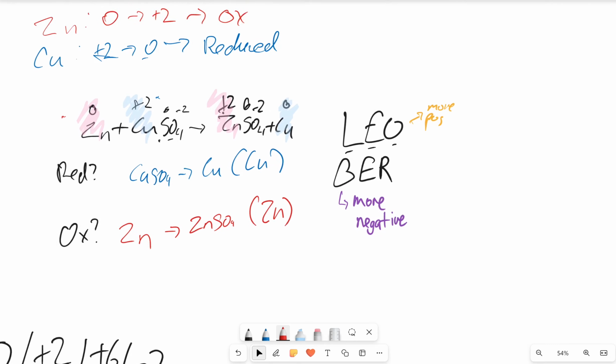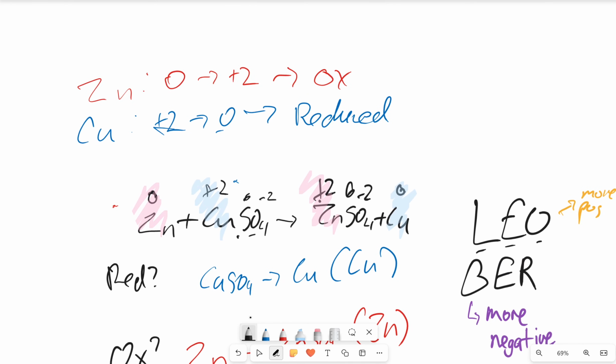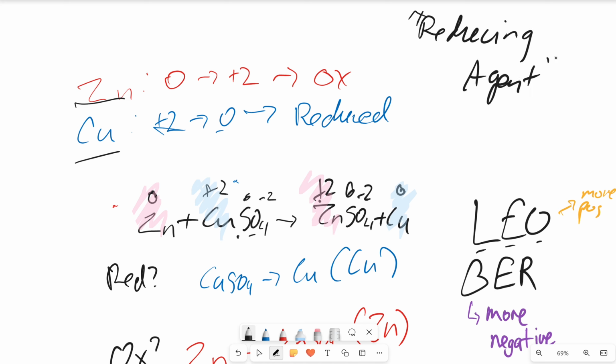Okay, just one thing to quickly note is that when we're looking at zinc and copper right here, sometimes questions will ask, what is the reducing agent, or the oxidizing agent? Sorry, I was suffering from mental deficiency. Okay, so what is it?